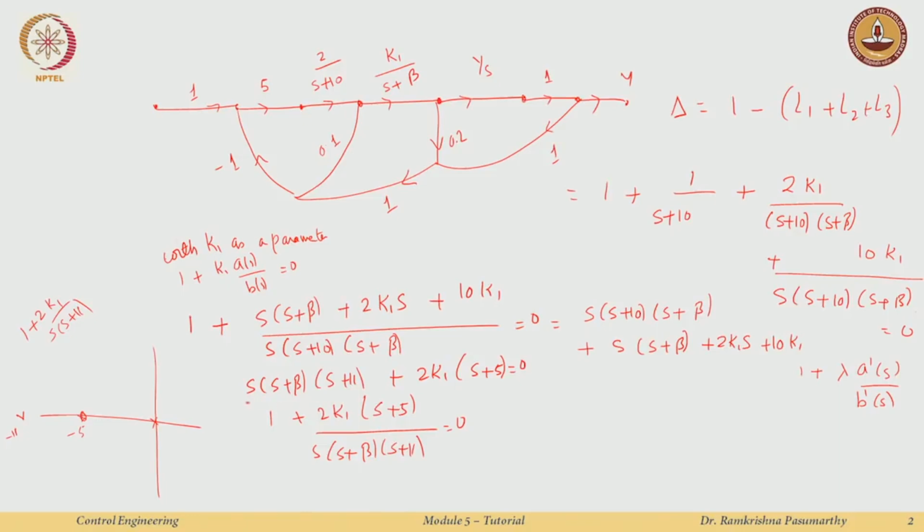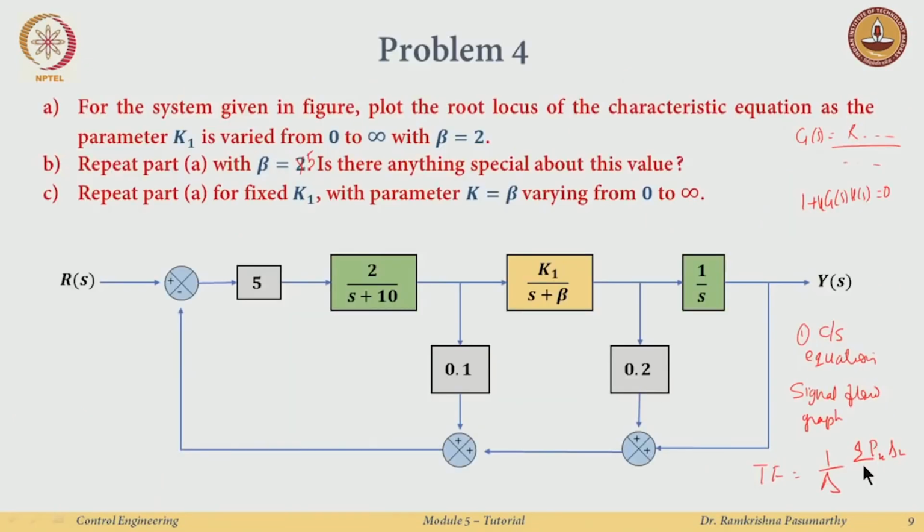So, I just start from here. I just skip a bit of the computations, but I will just have s plus 1 over s square times s plus 11 plus 2k, where k is a fixed value now according to the problem statement.